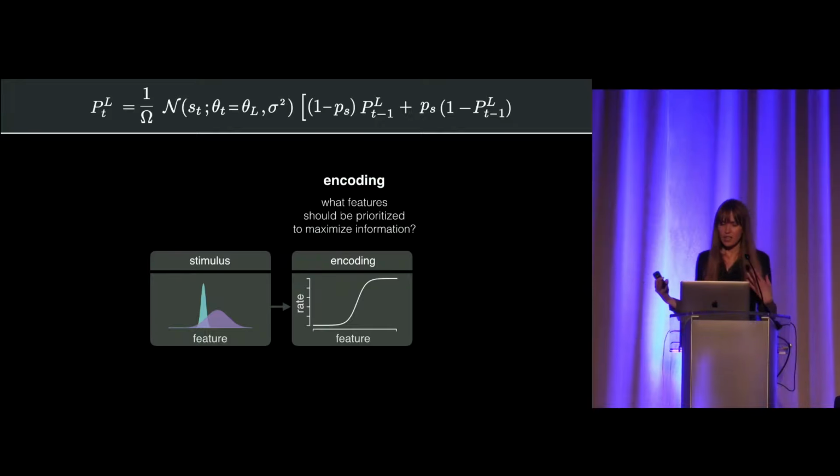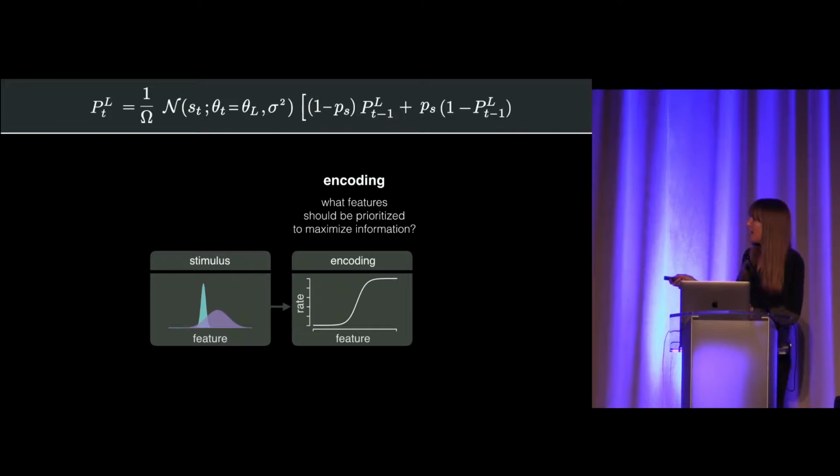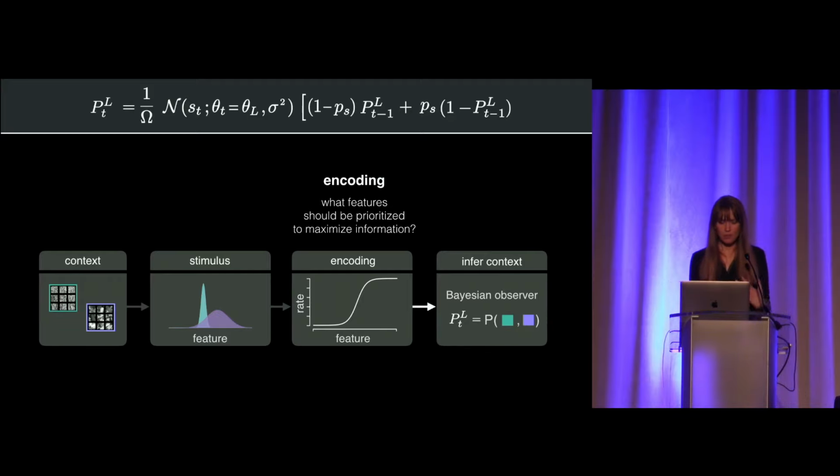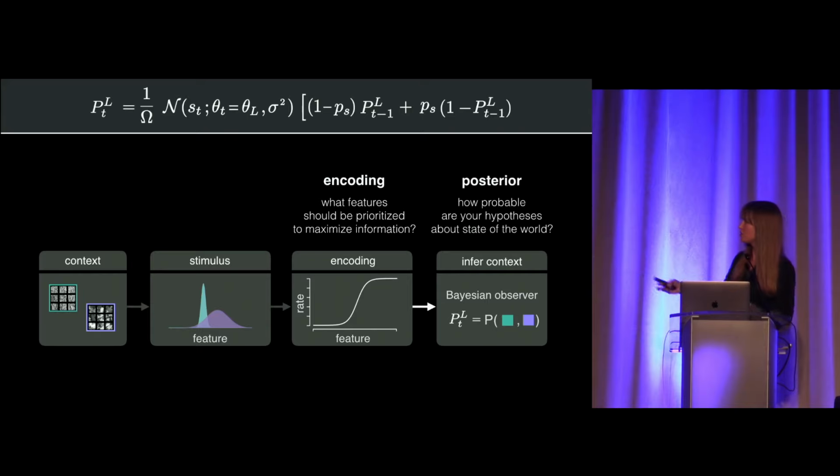And we started out by talking about encoding in terms of prioritizing features in order to maximize information. And now we've added on this additional piece of wanting to use the output of this encoding to perform inferences, to infer something about unobservable states of the world. And here we built up a posterior distribution for evaluating our hypotheses about those states of the world.